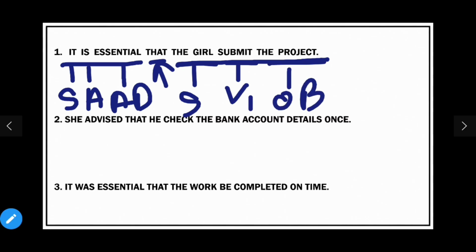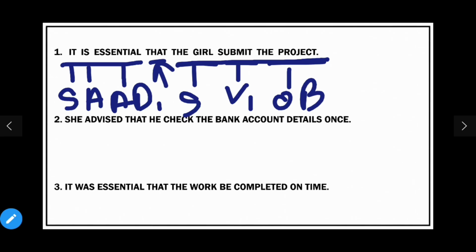So what we know: subject it, auxiliary verb, essential adjective, then that, then the girl again subject according to the rule, then V1 form of main verb submit, which is the base form of the main verb, and the project which is object.